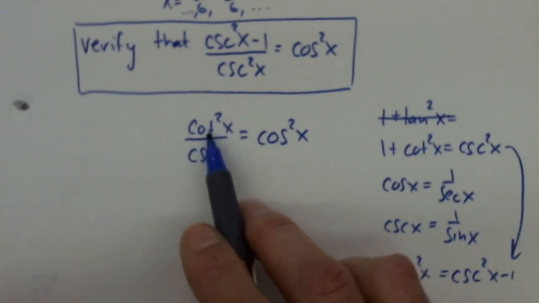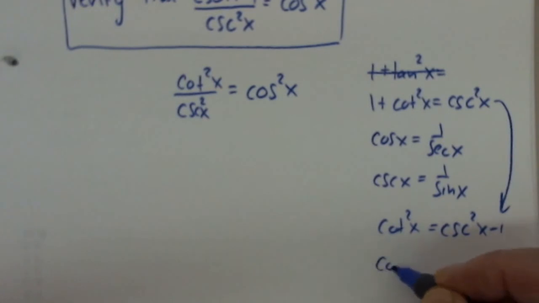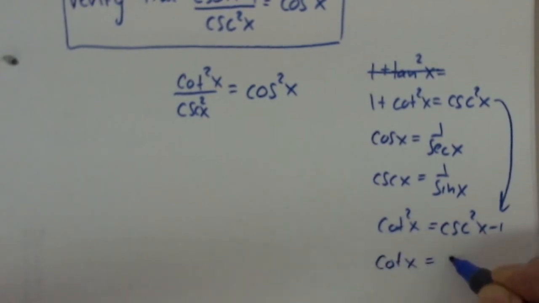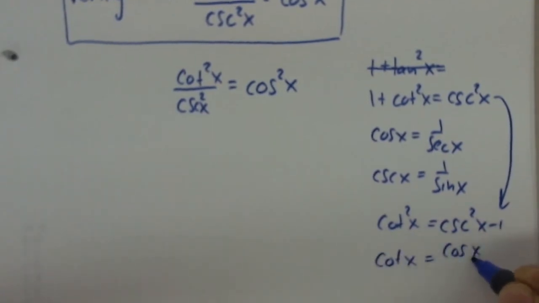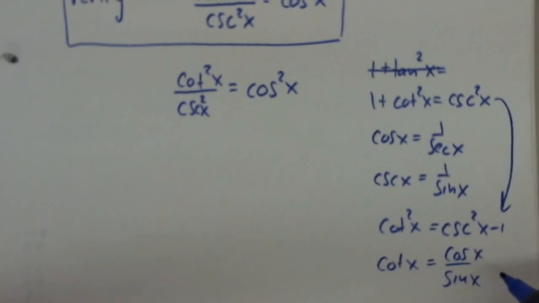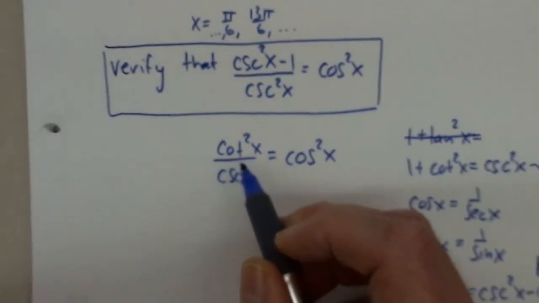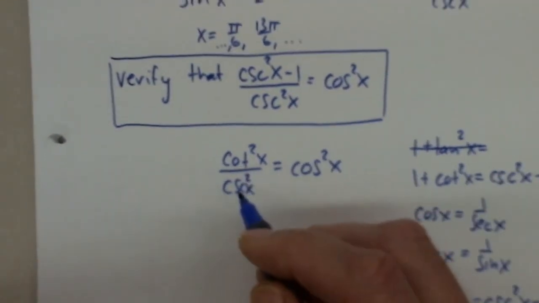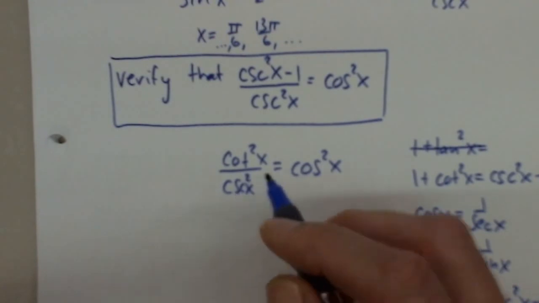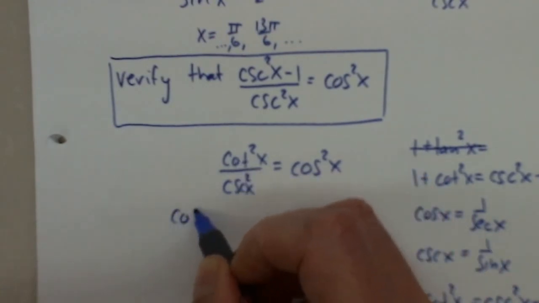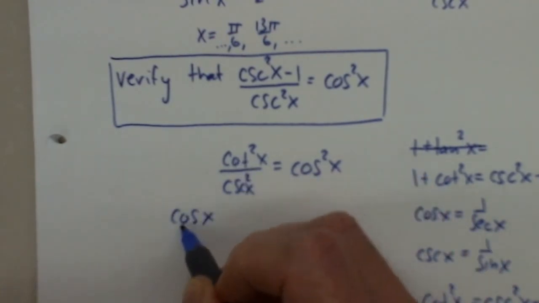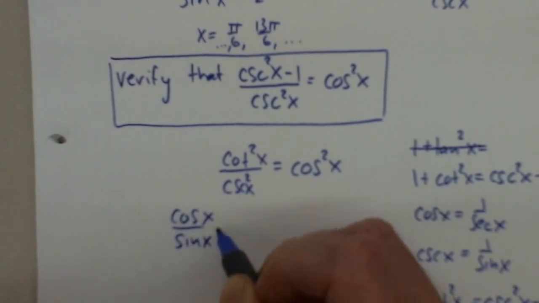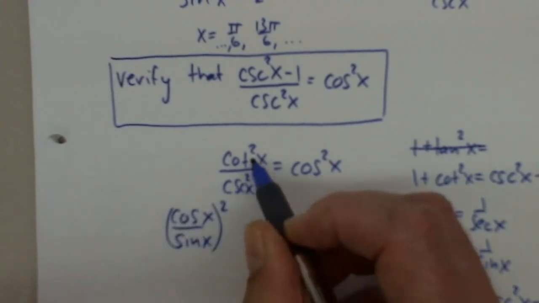We have cotangent, cosecant. Let's go ahead and change this into sines and cosines. So cotangent, we didn't write this down earlier. Cotangent is cosine over sine. So now this is going to be cosine over sine squared.